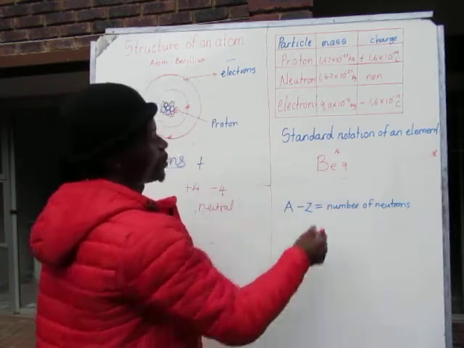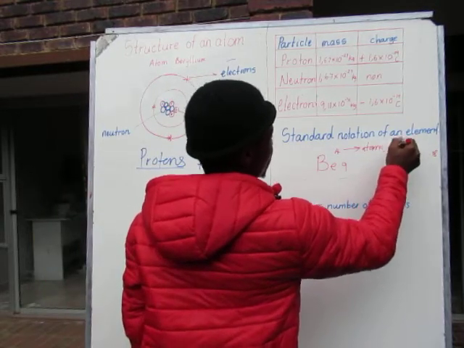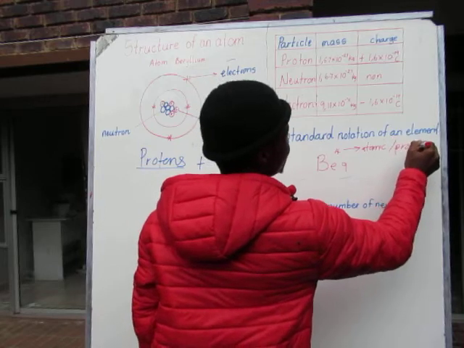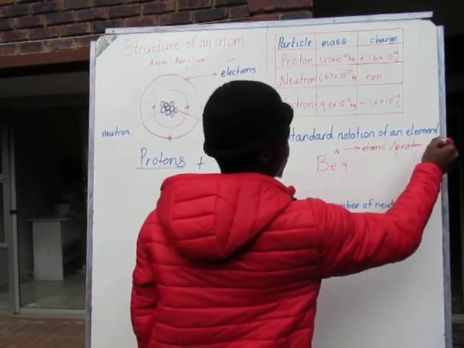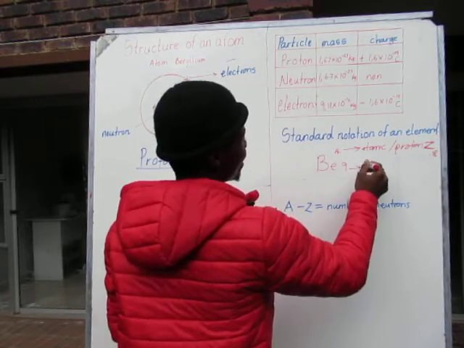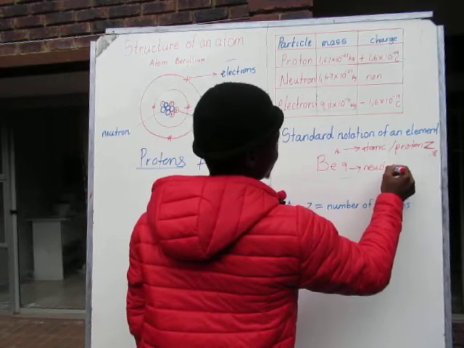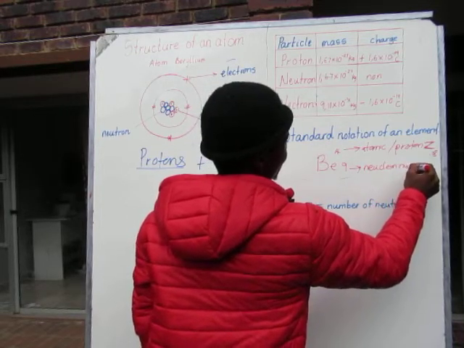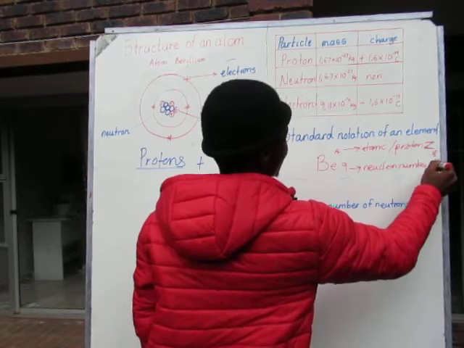So that means we know that this is the atomic number or the proton number, and we know that this is denoted by the letter Z, and we have this 9 that represents the nucleon number, which is also denoted by the letter A.